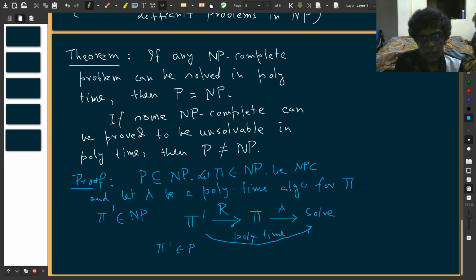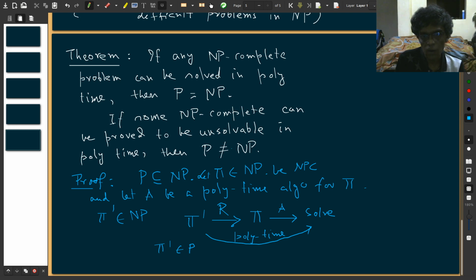And for the second statement, this is pretty obvious. If there is some NP-complete problem that cannot be solved in polynomial time, by definition that problem belongs to the class NP, and you clearly have NP not contained in P, because there is at least one member of NP which cannot be solved in polynomial time.